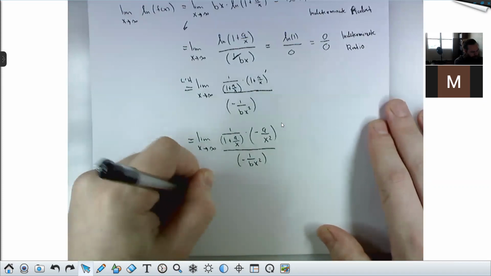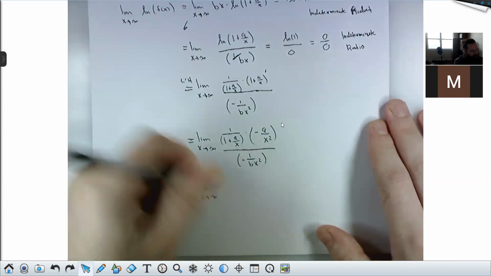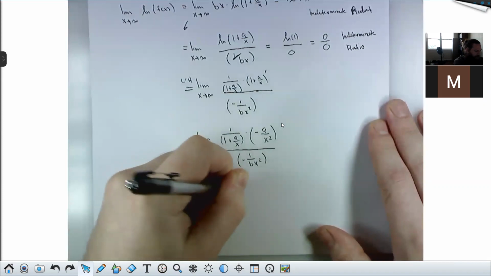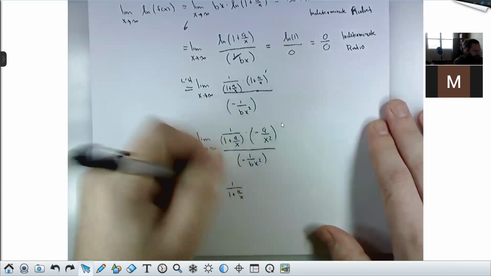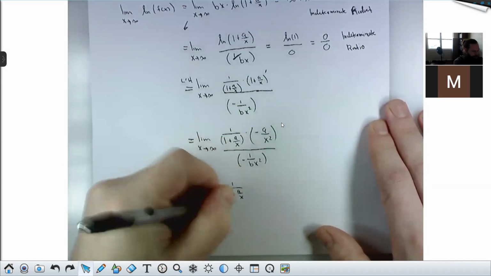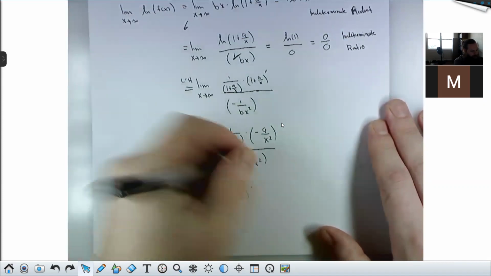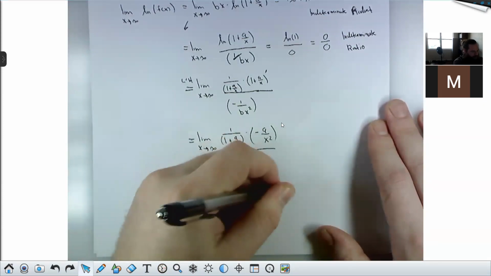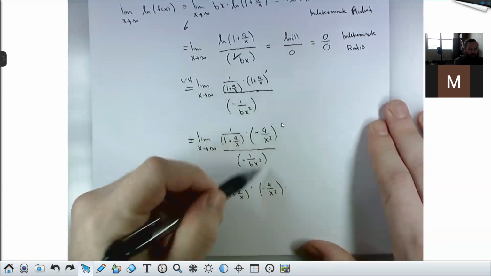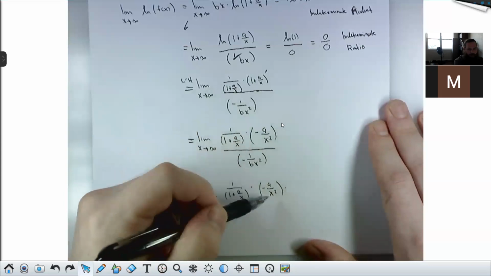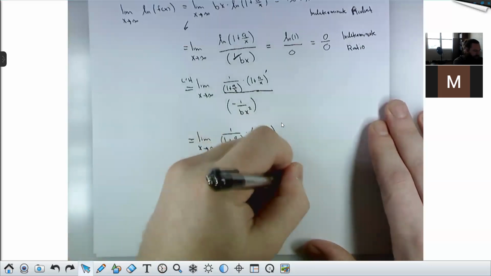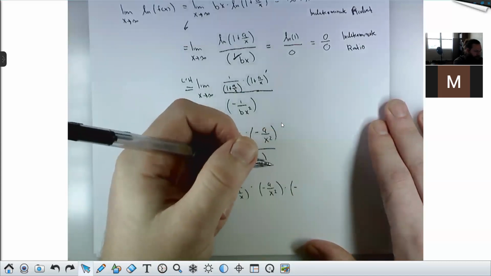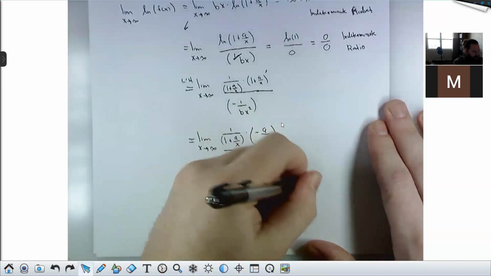This is lim x to infinity. 1 over 1 plus a over x, that's this piece, times negative a over x squared times, now I can bring this piece back upstairs because the x squared here is going to cancel with the x squared here. This is negative bx squared over 1.